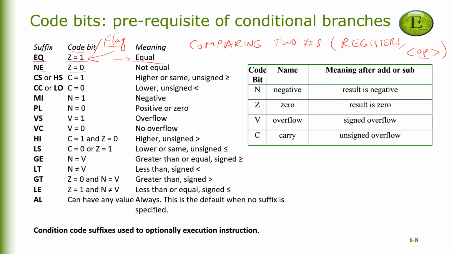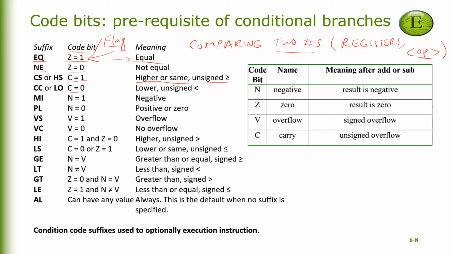Anyway, we're comparing 2 numbers. We don't care where they are. For the moment, we can just think of the contents of the registers as two numbers. For example, if one number is higher than or equal to the other number, when the two numbers are unsigned, then the carry bit should be equal to 1.